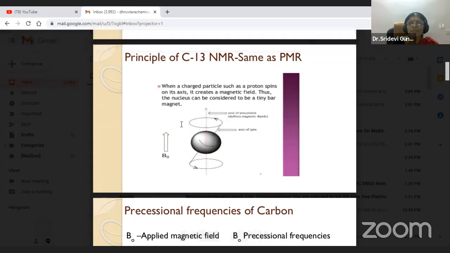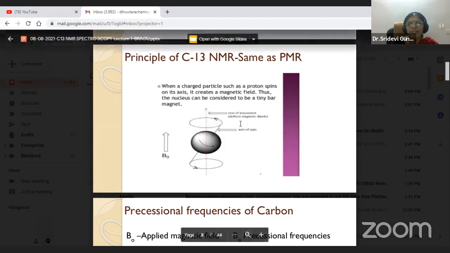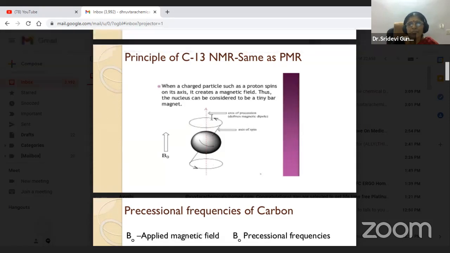It rotates around the axis of the applied magnetic field, and this is known as precession. This is the axis of precession.